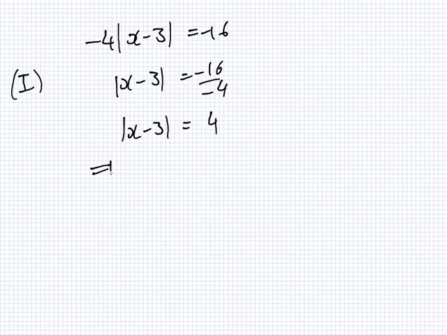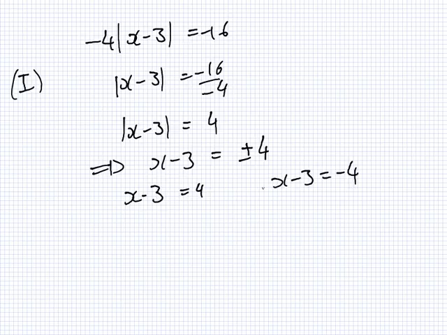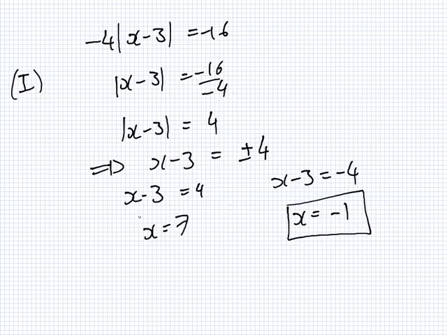So that means x minus 3 must have been plus or minus 4, which means x minus 3 equals 4 and x minus 3 equals minus 4. So x equals 7 or x equals minus 1. That's the first way to solve it. Write that down and then I'll show you the second way.